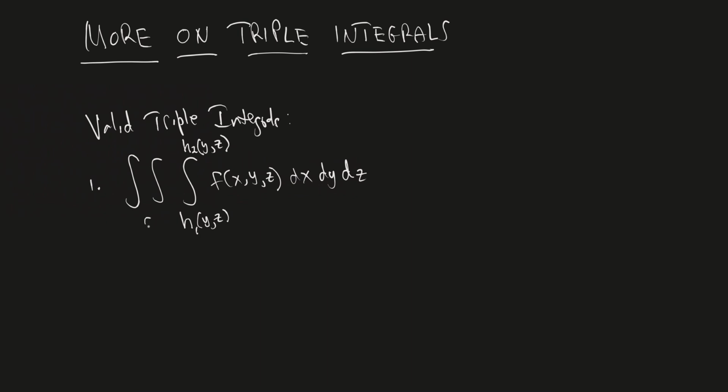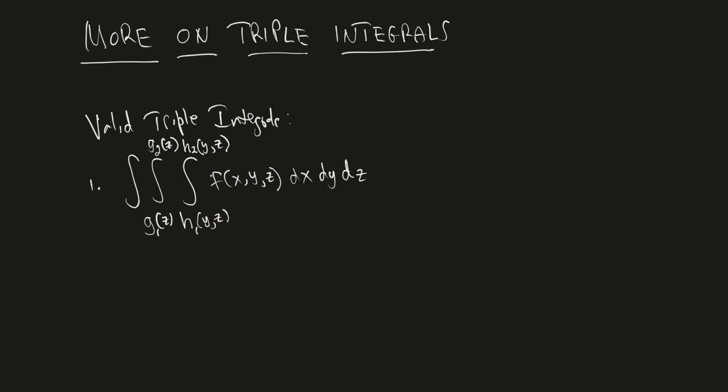So you could have something like g1 in terms of z, and then g2 in terms of z. Because then after I integrate with respect to y and I plug these in and subtract, all I'm going to have left is z.